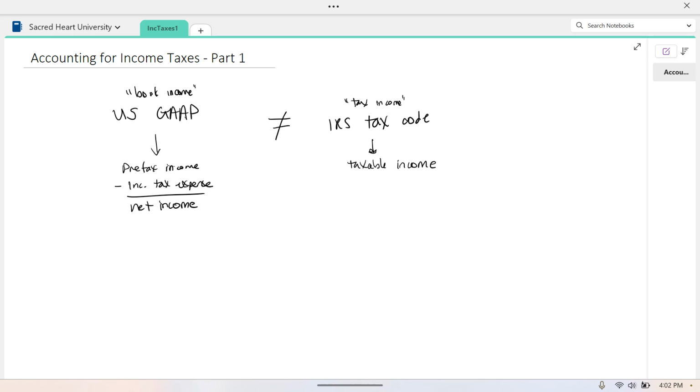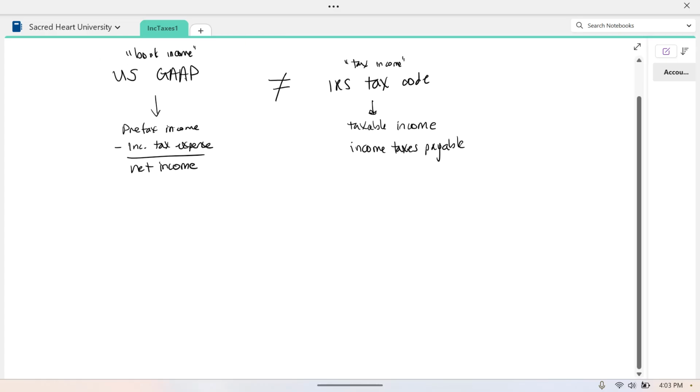And that taxable income times whatever the rate is in effect gives us income taxes payable. And unlike the income statement, where we get down to net income, on the tax form we don't see a difference between taxable income and income taxes payable. That's just what you get to keep.